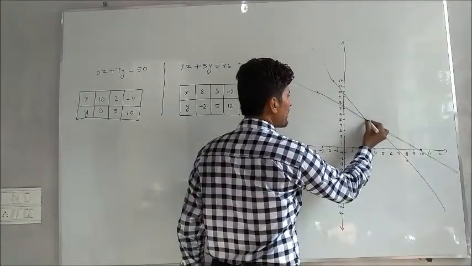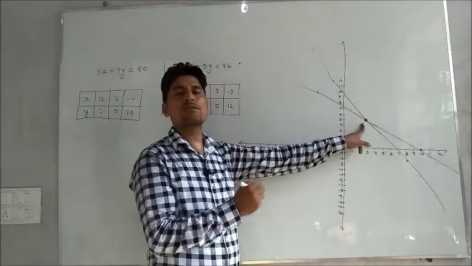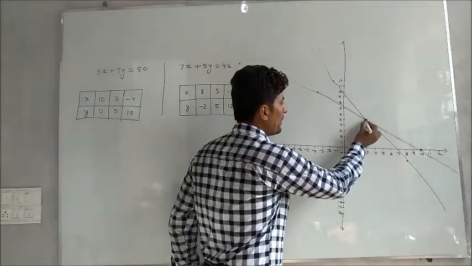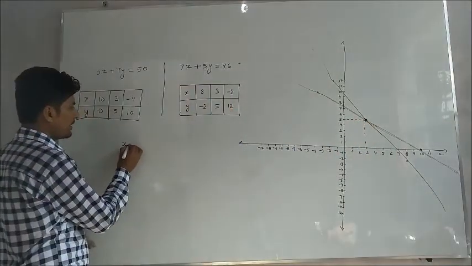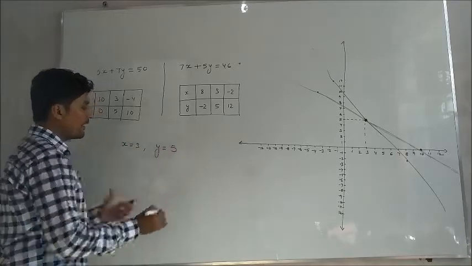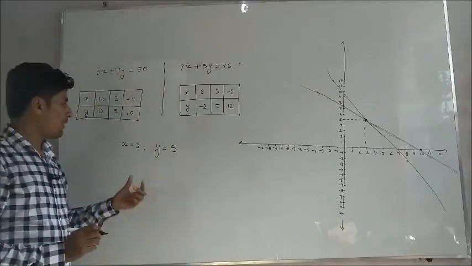Since both the lines are intersecting at this point, this is the solution. Here the value of x equals 3, while the value of y equals 5. So we can write x equals 3, while y equals 5 is the solution for these two linear equations. What was the x?